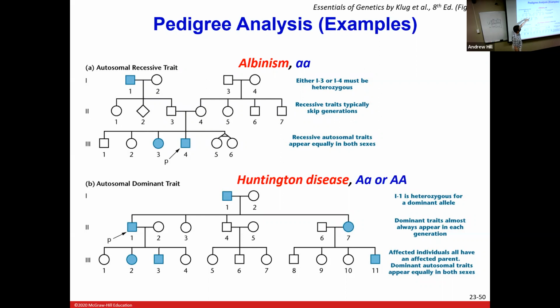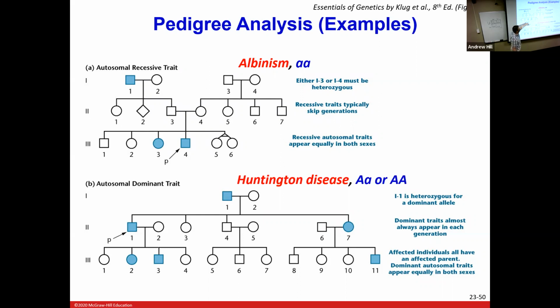If you look at this carefully, you'll figure out, as we worked through it, that either this individual, number 3, must be heterozygous, or this one over here must be heterozygous, in order for these people to end up being affected, in other words, being small a. So we're seeing the skipping of generation.